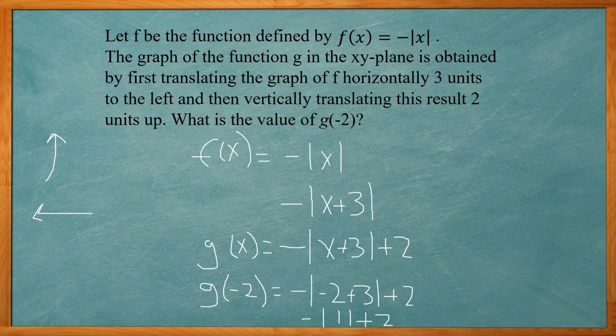So absolute value of 1 is 1, and then negative of that is going to be negative 1, and then plus 2. So that's just going to give us 1 as the answer. So here we have to translate the graph and come up with a new function, g of x, and then plug in negative 2 for x to find g of negative 2.